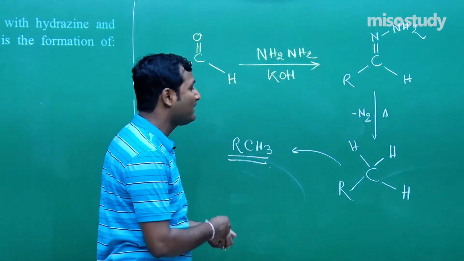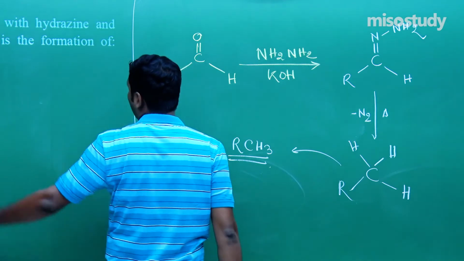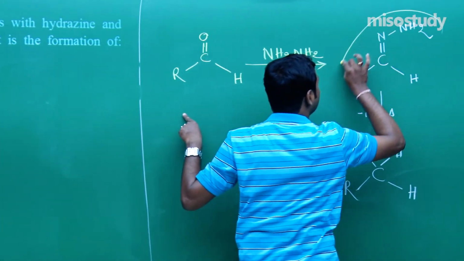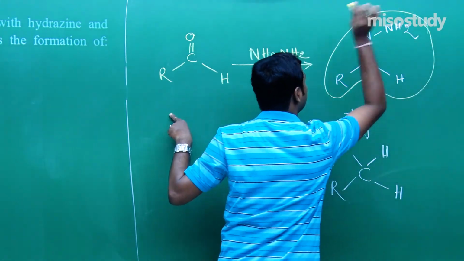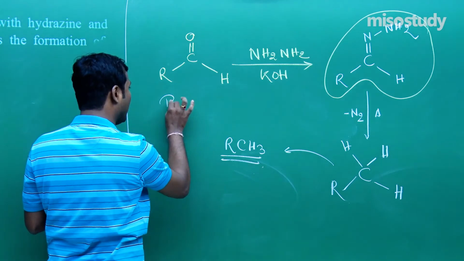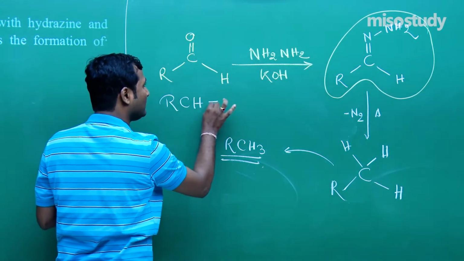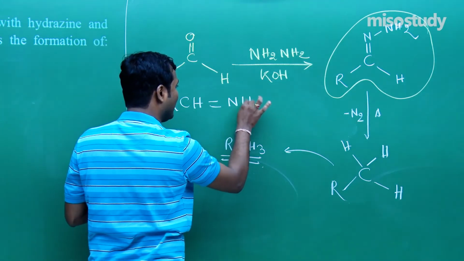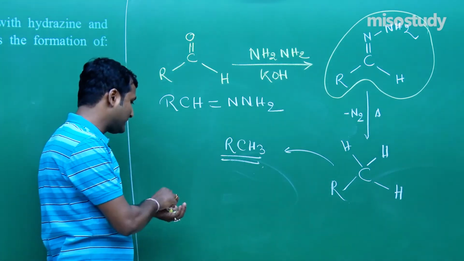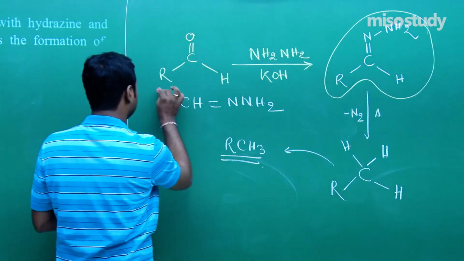So the question is, the first is the formation. The first one is this one, which is written as RCH double bond NH2. Am I right, friend? This is the correct option.